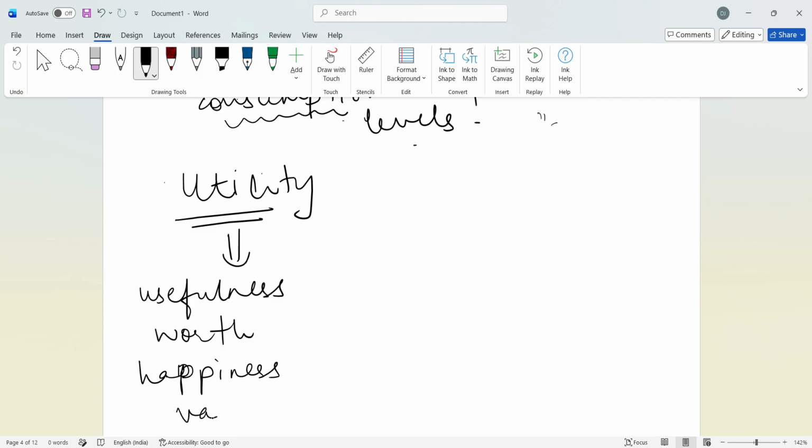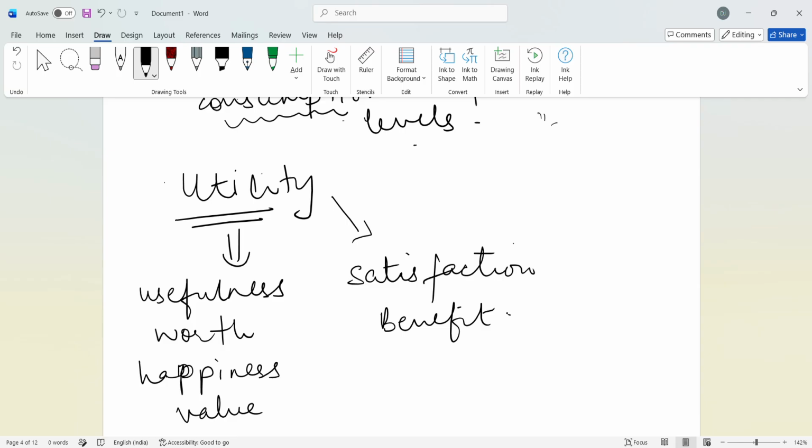It could be a value that you give to something that you consume or use. Or you can say utility is the satisfaction that you get by consuming a product or a service, or the benefit that you get by consuming it.